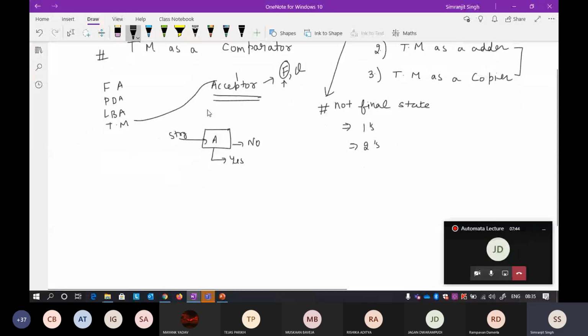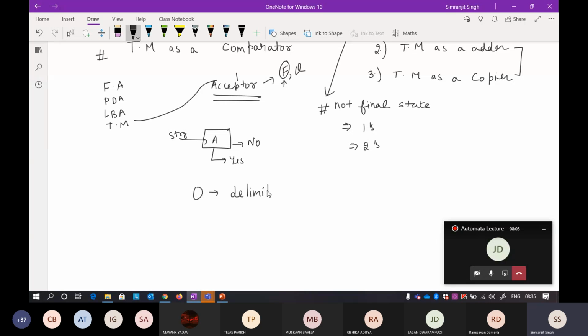Okay, so now Turing machine as a comparator. First I will tell you how exactly to solve this question. In most of the questions, and in the universal Turing machine also, this zero will be used as a delimiter or a separator.